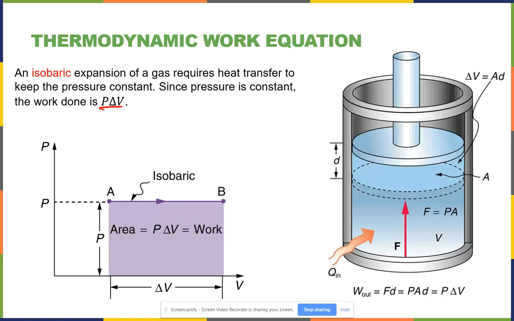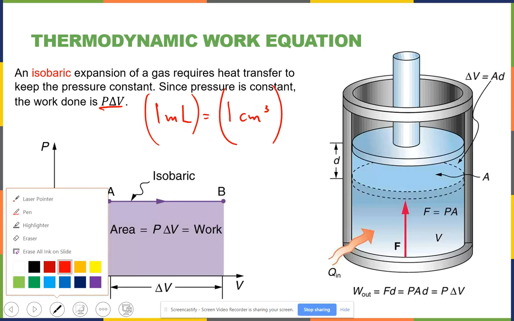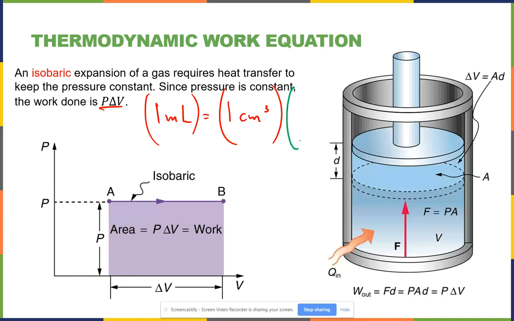And so if you're using milliliters, 1 milliliter is equal to 1 centimeter cubed. How's that going to relate to meters cubed?